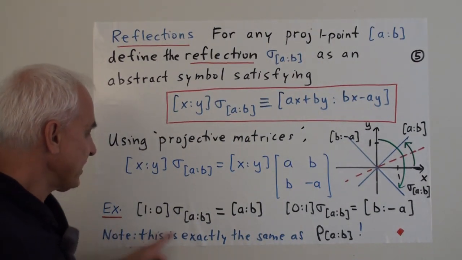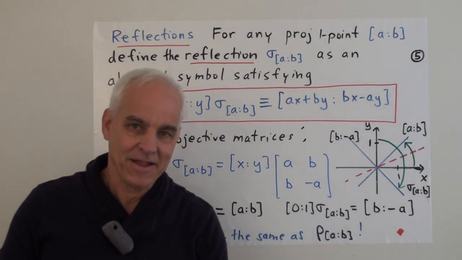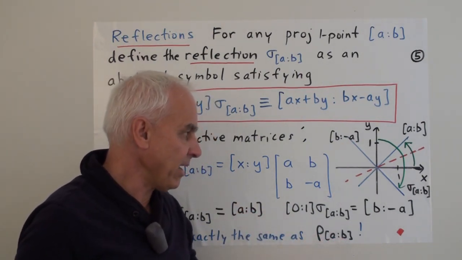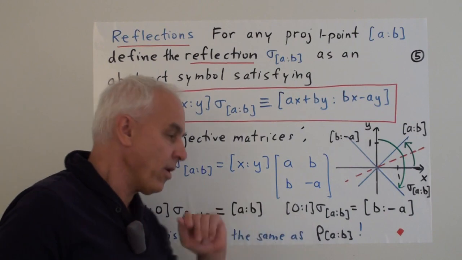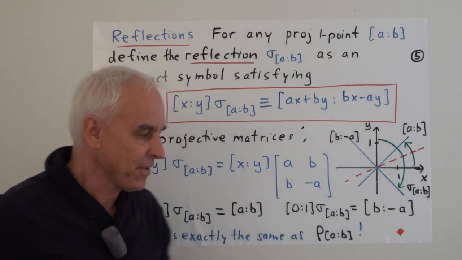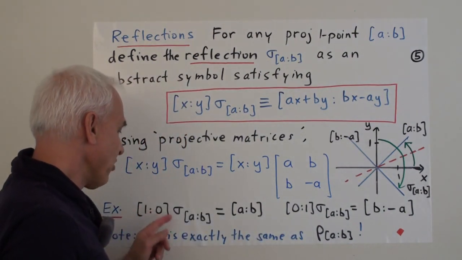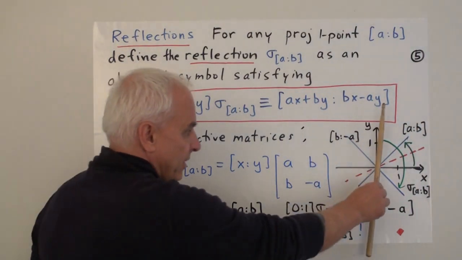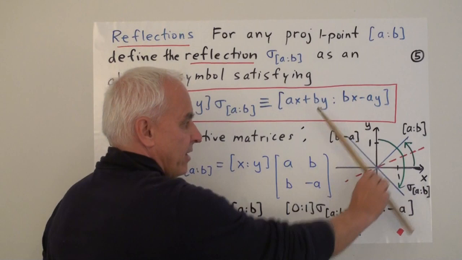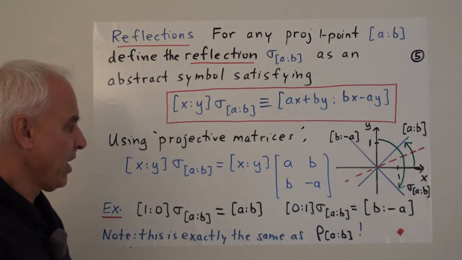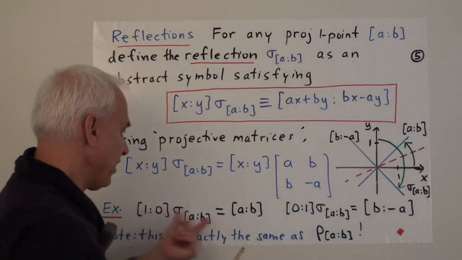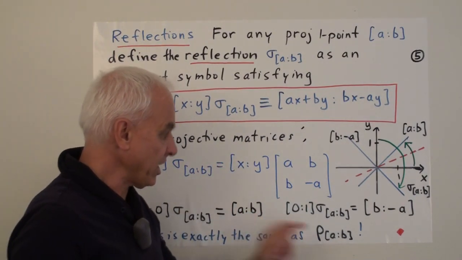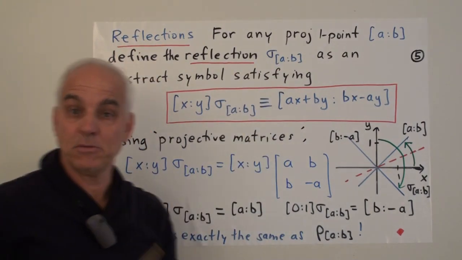Now note, this is exactly the same as the way the rotation rho sub a to b acts on these two lines. When we multiplied 1, 0 by rho a to b, we got exactly this thing here, and when we multiplied 0, 1, we also got exactly this. So at the level of acting on the two basis lines, the rotation and the reflection seem to be indistinguishable.